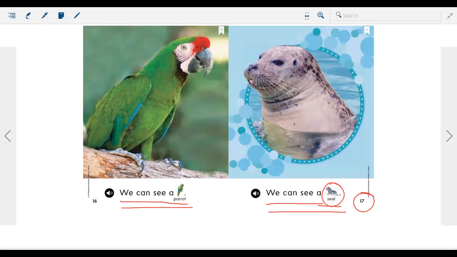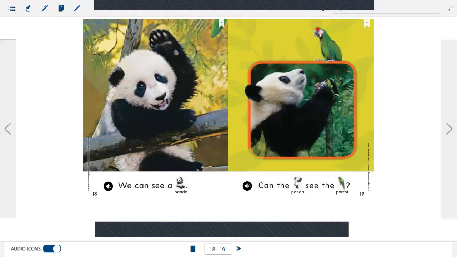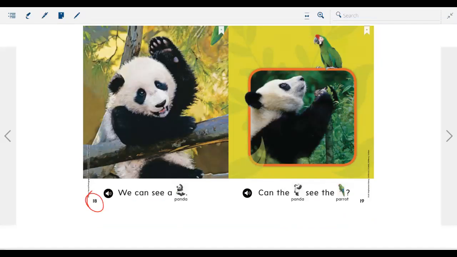Good job. Let's turn our page. We are on page 18. Let's read together. We can see a panda. The rebus is showing a picture of a panda and it has the word panda. Let's read it again. We can see a panda.